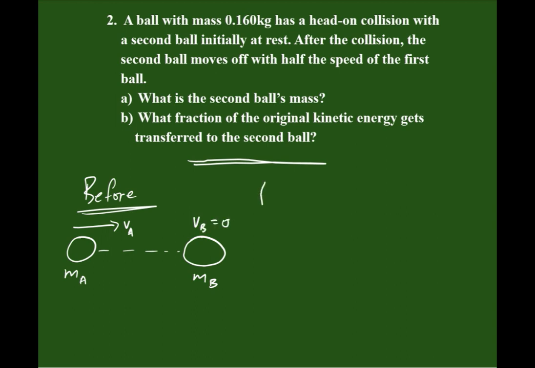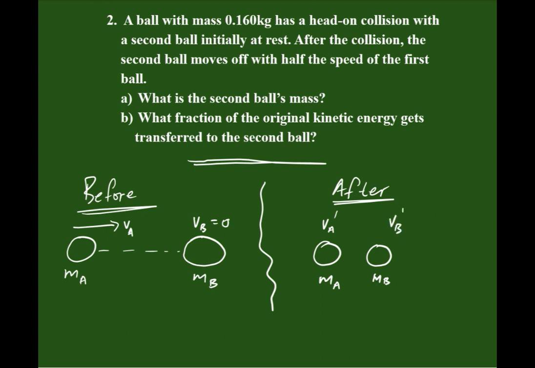And then after the collision, so they collide, and that's when momentum and energy is transferred. So then what happens is, afterwards our ball with mass A will now have velocity VA prime, and the ball over here, mass B, will now have velocity VB prime.